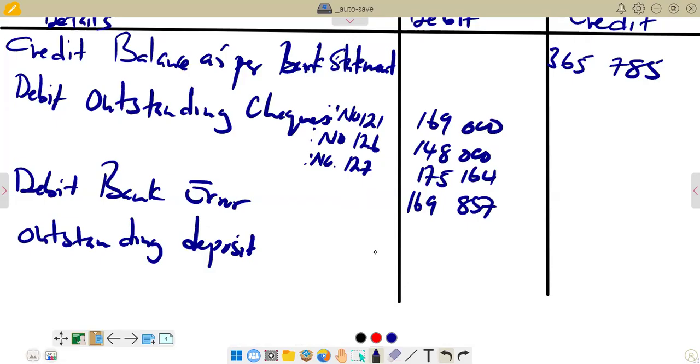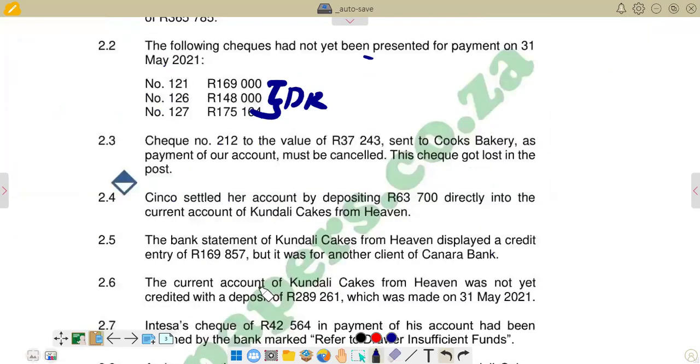And the amount that we have for an outstanding deposit is 289,261. And we are coming here on the credit side, 289,261. Then we can go there to try to see what we have next. Then we go to the next transaction.